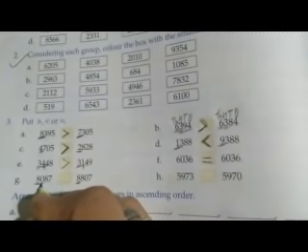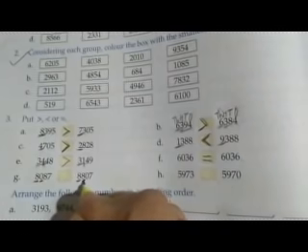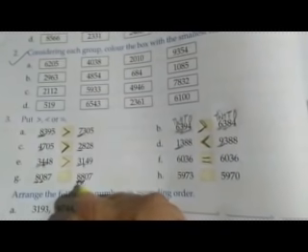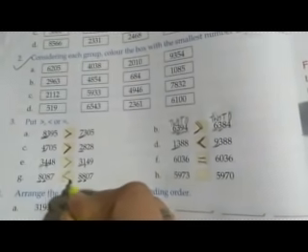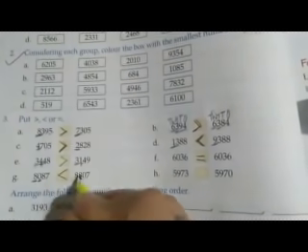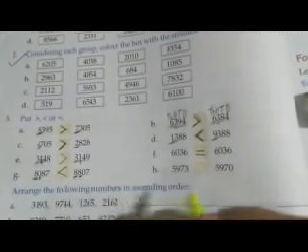Here we have 0 at hundreds place and here 8 at hundreds place. That means this number 8807 is greater than 8087. 8087 is smaller than 8807. Okay students, now next question.